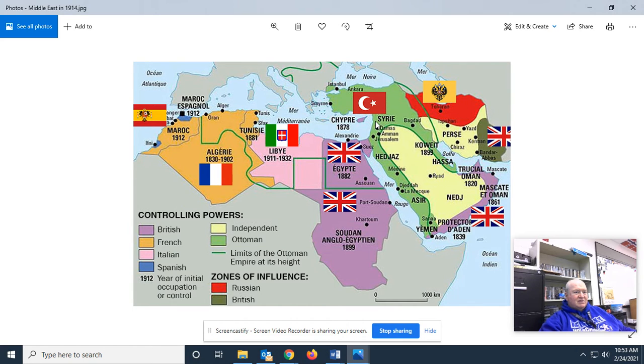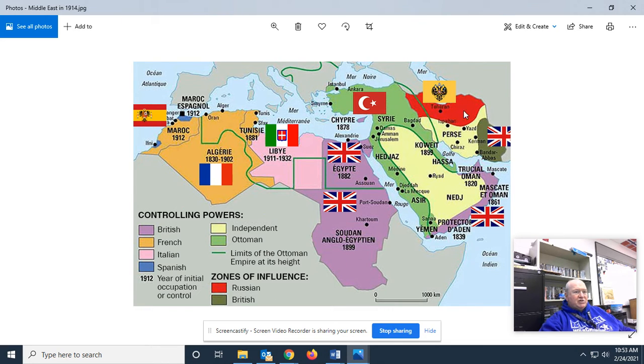But now this area here in the green is the Ottoman Empire, the declining Ottoman Empire, and that is their flag. Notice the flag that I put there on your assignment today. Yeah, so that's the Ottoman Empire. But there are also some spheres of influence.